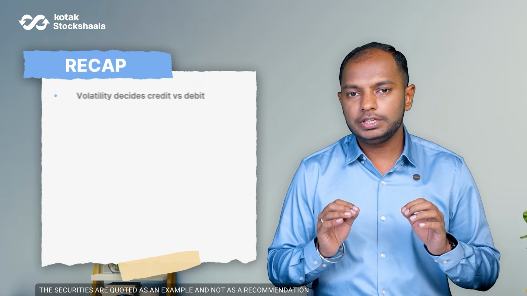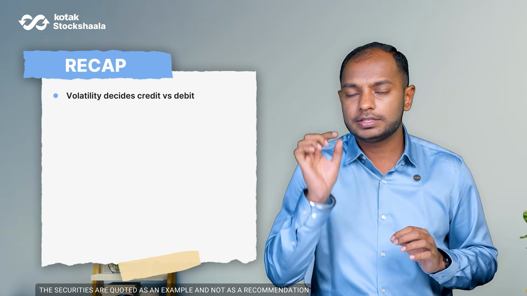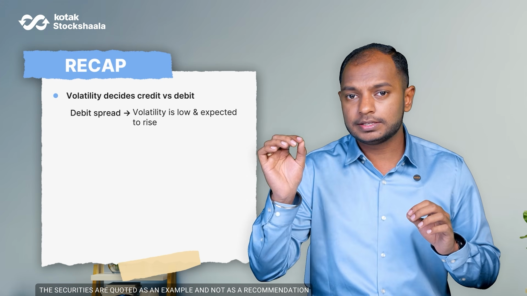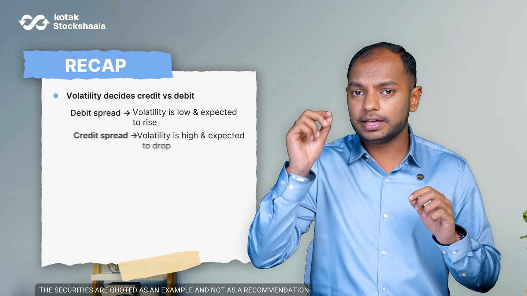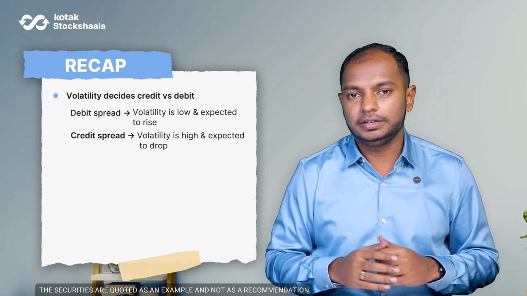We have understood, most importantly, that between choosing a net credit spread and a net debit spread, volatility plays an important role. So if volatility is low and expected to rise, then we should go for a net debit spread. But if volatility is high and expected to drop, then we should go for a net credit spread.